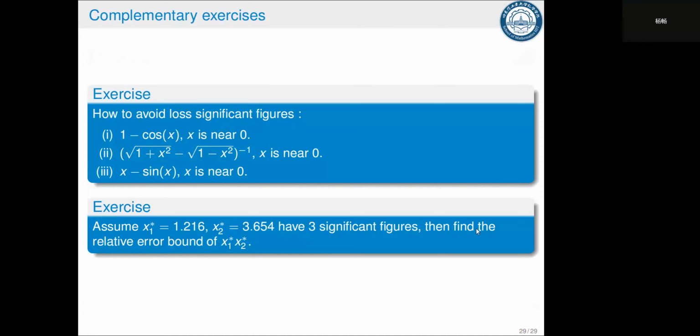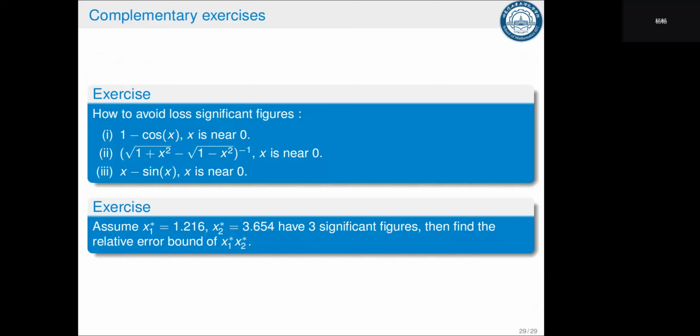Then find the relative error bound for x1 star and x2 star. This is the total of three exercises. I leave you as homework.